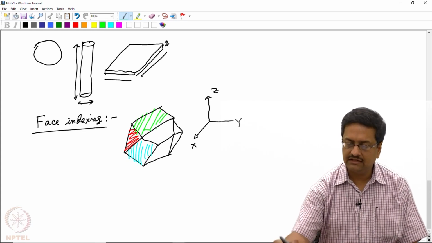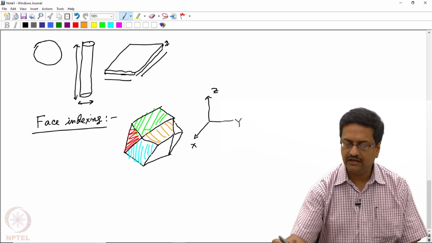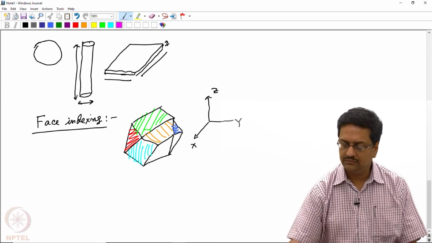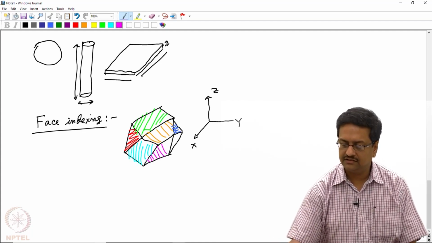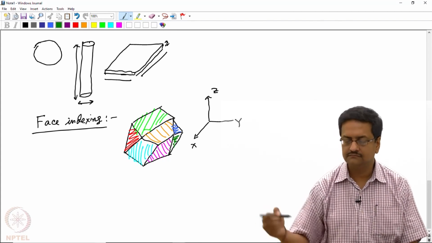So every face that I am marking with different colors can then be identified using different HKL, and then one can apply appropriate corrections using these indexed faces.